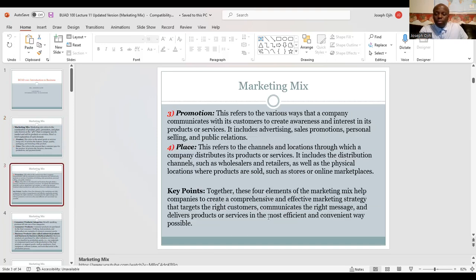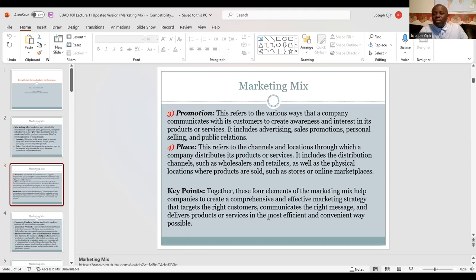Now, this is promotion, which means all the activities that a company does to communicate with its customers, to create the awareness, and also interest in the product or services.